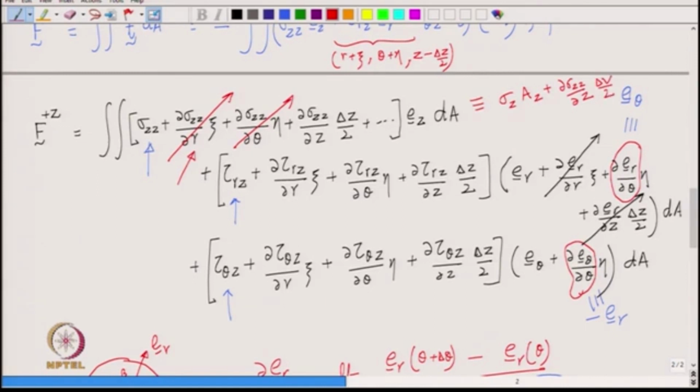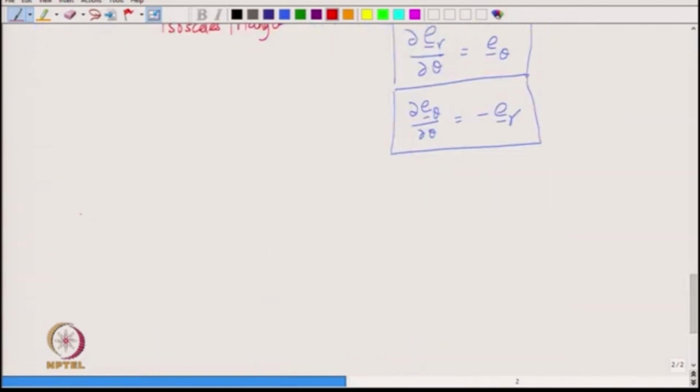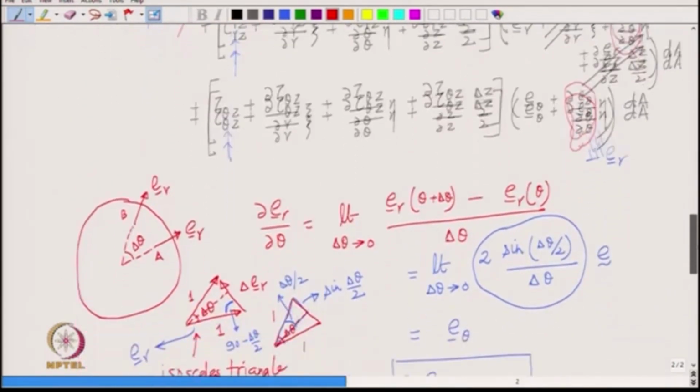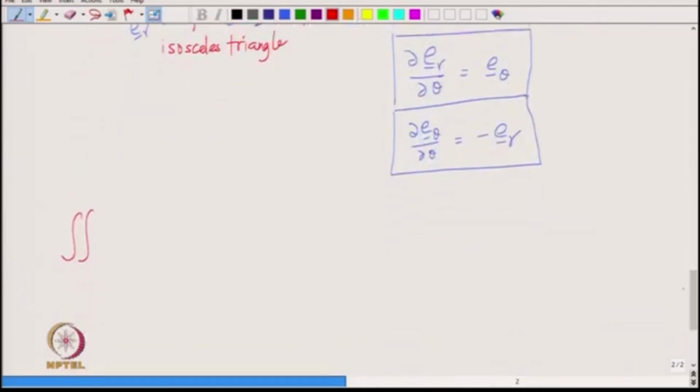So, now let us look at the second term here. So, if we try to recall, it has the Taylor's expansion of tau rz.